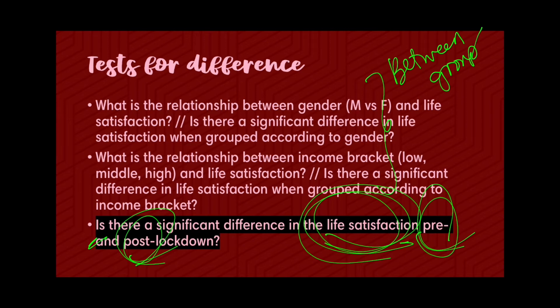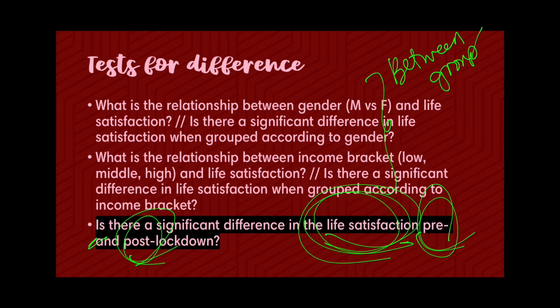This can be observational, like pre and post lockdown. This can also be in the context of experimental research. Like for example, you want to see whether or not the knowledge of people in terms of, let's say, Philippine history, martial law, will be improved after their exposure to, let's say, an educational video. So you will measure their knowledge on martial law prior to the exposure to the video. You give the video, and then you measure again their knowledge after their exposure to the video.